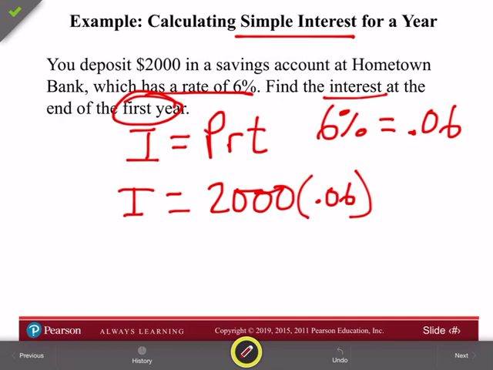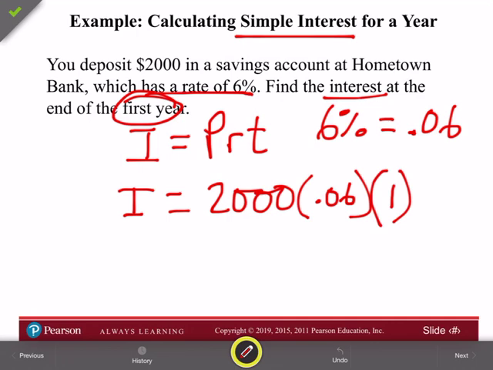When dealing with the percentage rate, we want to make sure that the rate matches the units of the time. Since it's not specified, we assume here that the 6% is yearly. So this is going to match up to the years, and so we have time is 1.